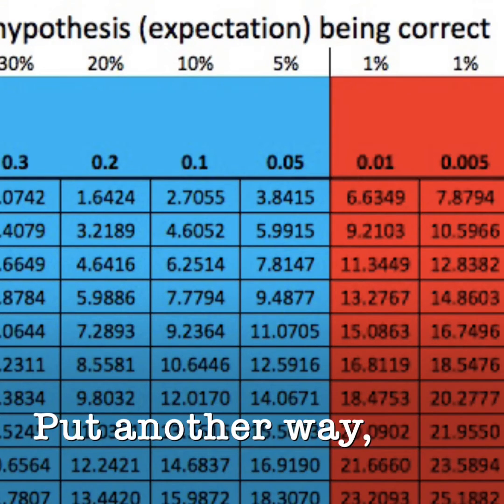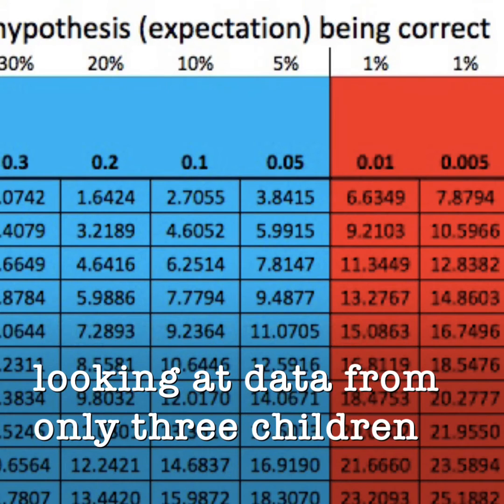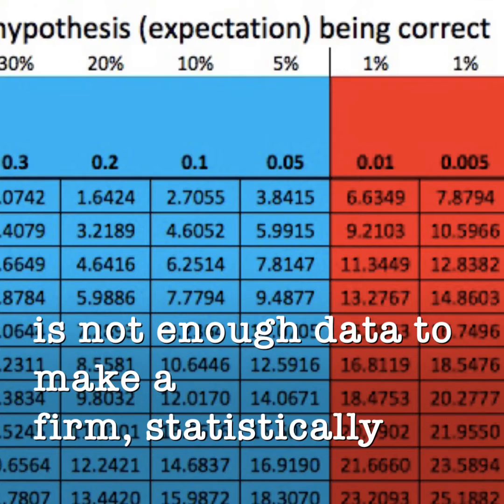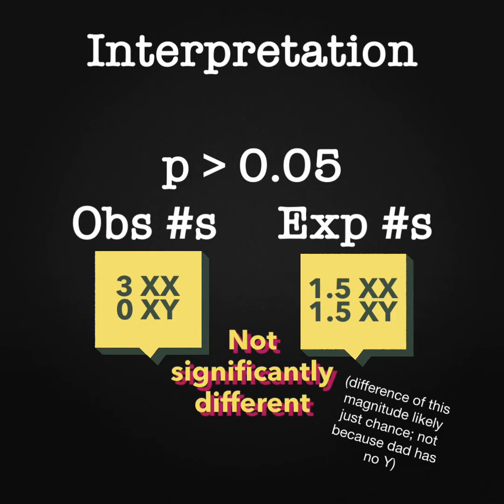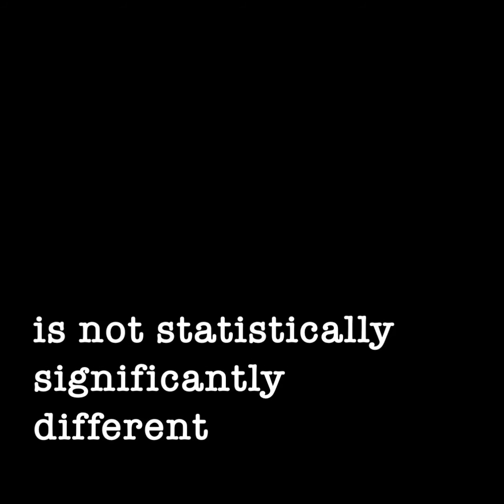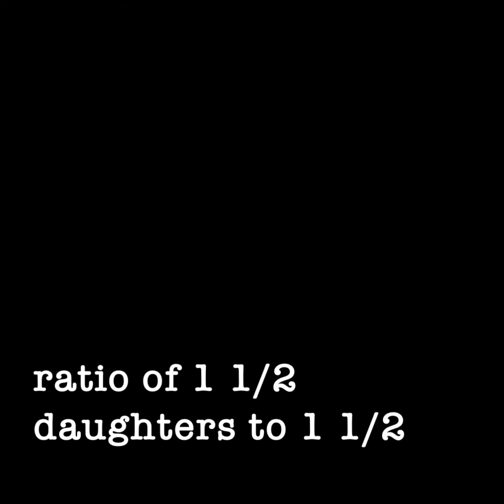Put another way, this simply means that looking at data from only 3 children is not enough data to make a firm, statistically supported conclusion. So, in this case, 3 daughters and 0 sons is not statistically significantly different from the expected ratio of 1.5 daughters to 1.5 sons.